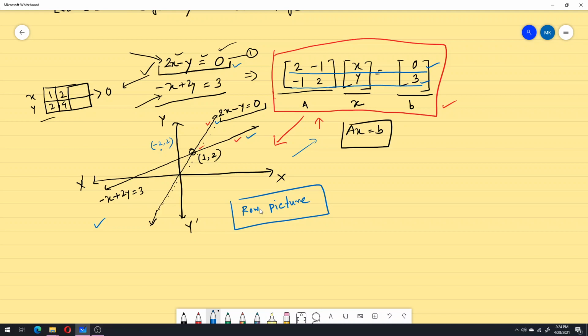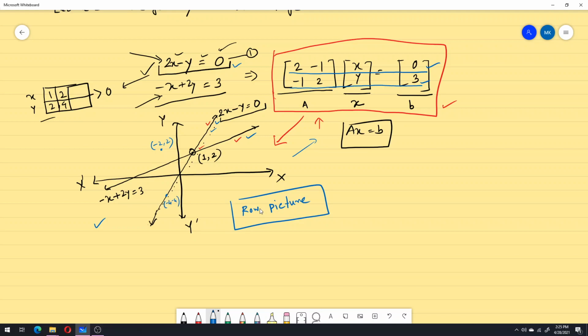Can you get to this point with this equation? The answer is no, because the equation can only move through this straight line, right? For example, you can easily get, let's say, minus 2, minus 4. Let's say this point is minus 2, minus 4.